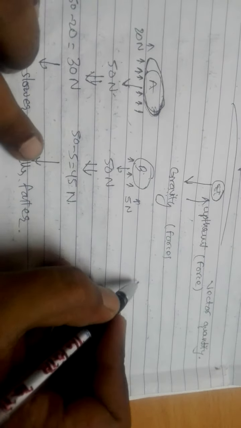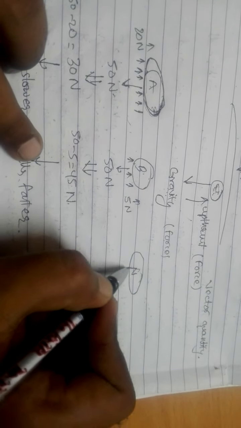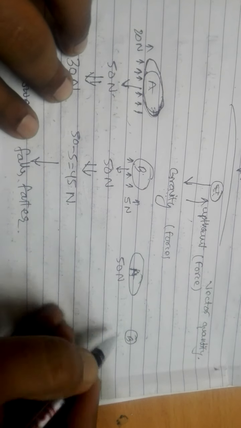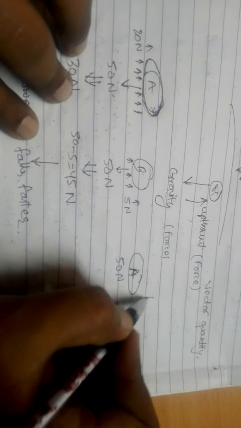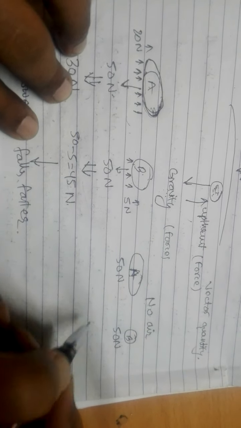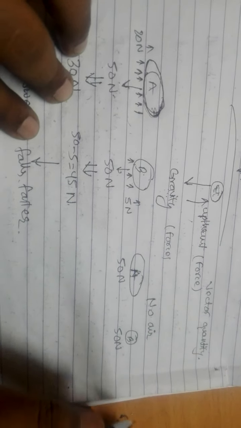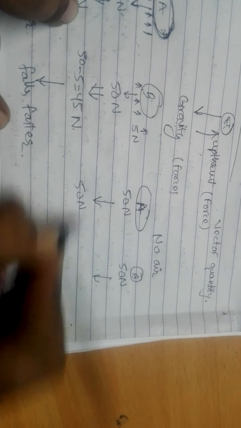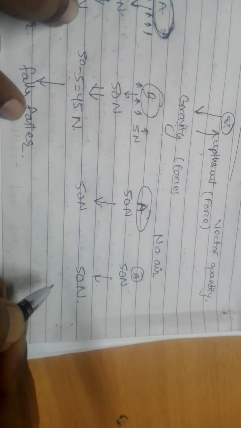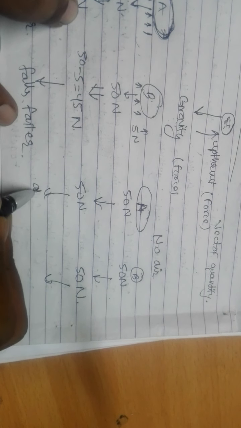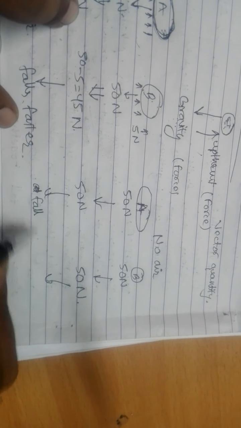Now let's consider another example. Once again, the same objects, both having the same amount of weight, but there is no air. That means there is no upthrust, which means both of them would be falling with the same amount of gravity. So both of them will fall at the same time, fall together.